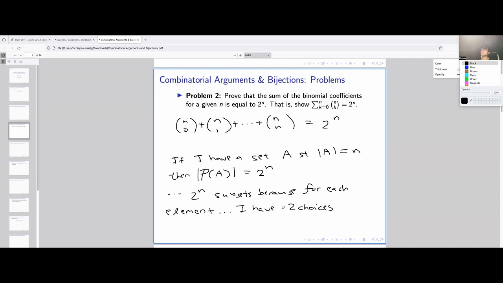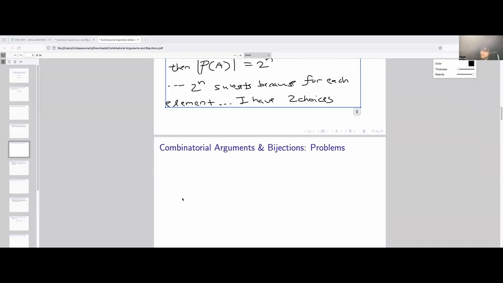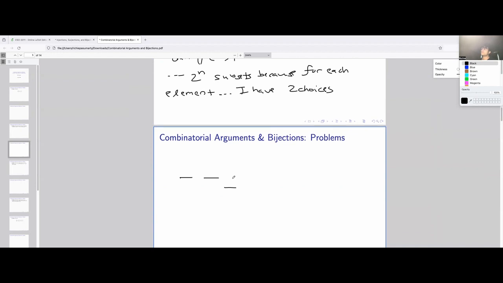So if I imagine I have elements 1, 2, and so on, I have n of these, and for each of these, I have two choices. The total number of choices I have is 2 to the power of n.